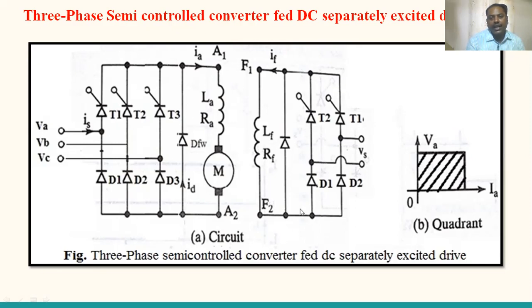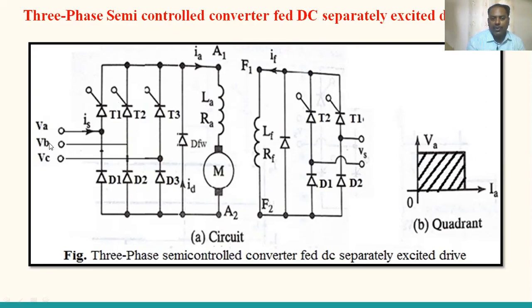So this is the drive circuit, and this one is the coordinate operation. Why? Because all the semi-controlled converters are single coordinate converters. As long as the drive is operating, power is transferred from source to the load only. Load to the source, there is no possibility because diodes do not support it, because it is a semi-controlled converter.